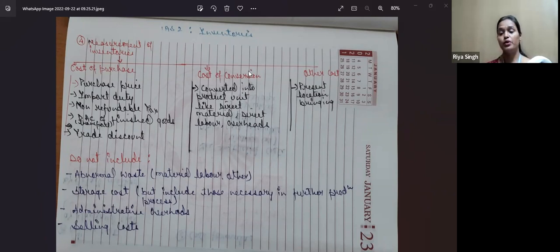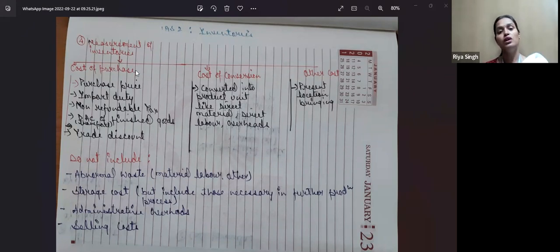That could be the direct materials you have taken to make your product, the direct labor you have charged to make that product, and the indirect expenses you have incurred to make that product. Conversion here means converted from raw material to the finished good, and whatever costs are involved, you are going to add everything.